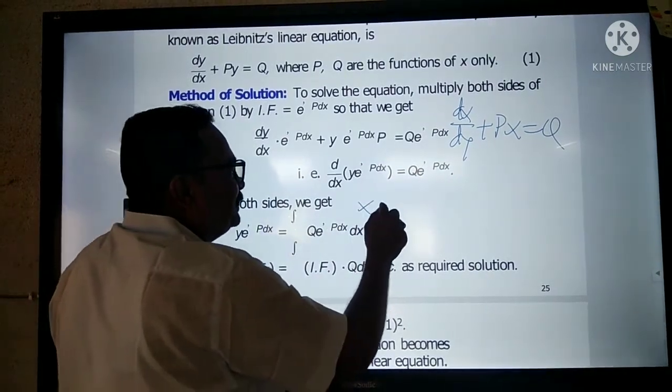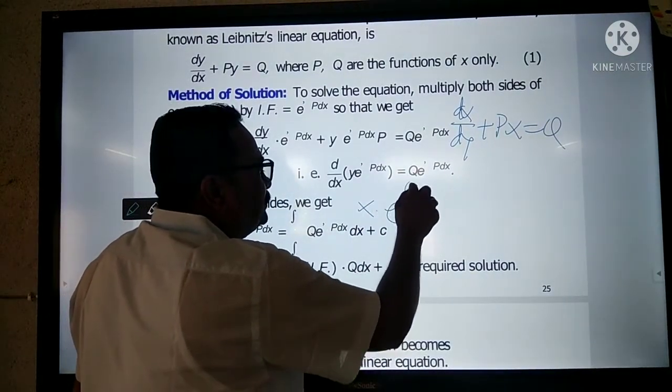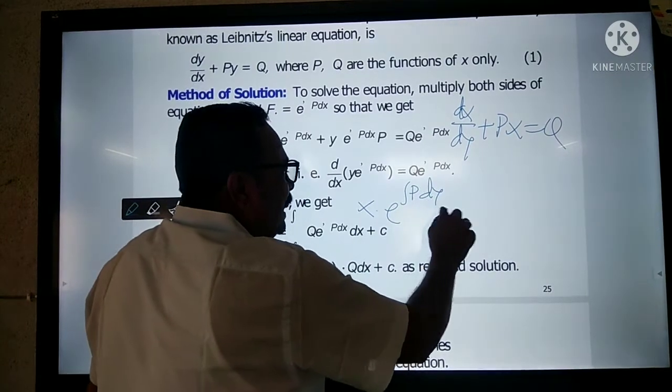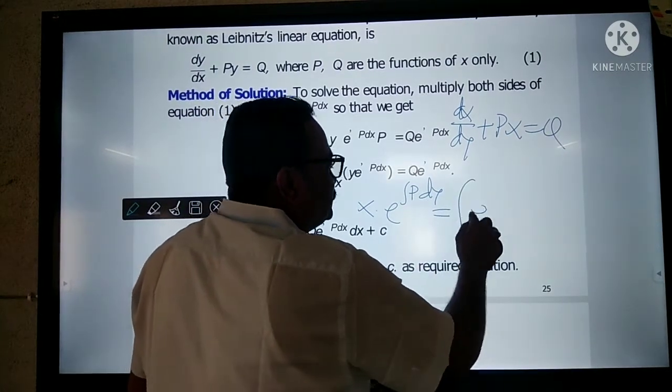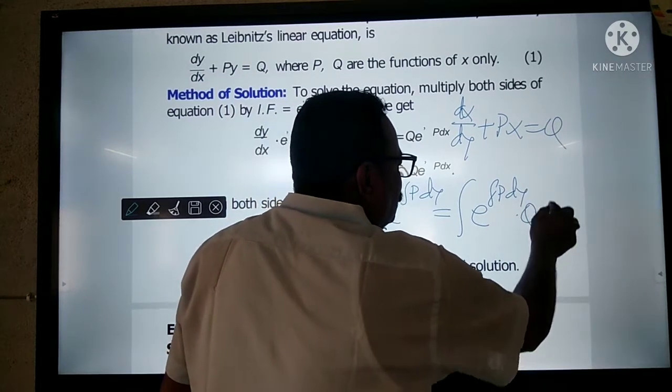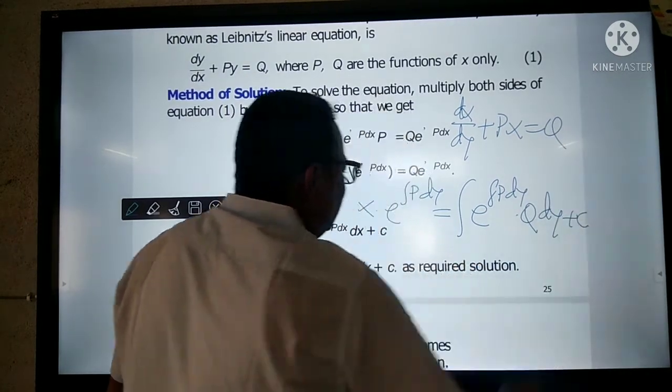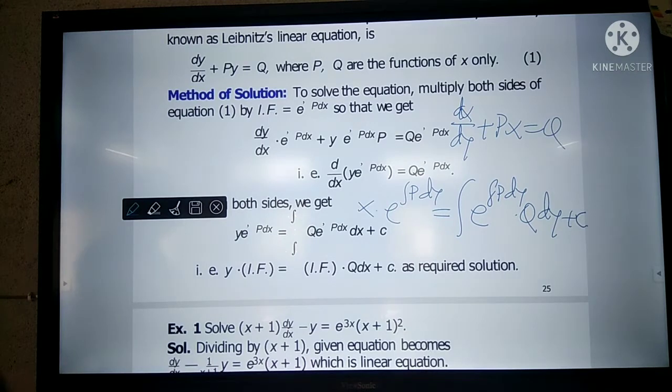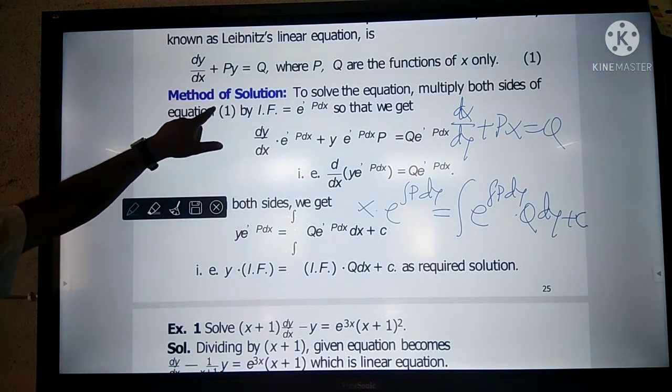त्याचं सोल्युशन काय, तर x into e raised to integration of p dy which is equal to integration of e raised to integration of p dy into q dy plus c. So you have to remember directly the solution of this linear equation.